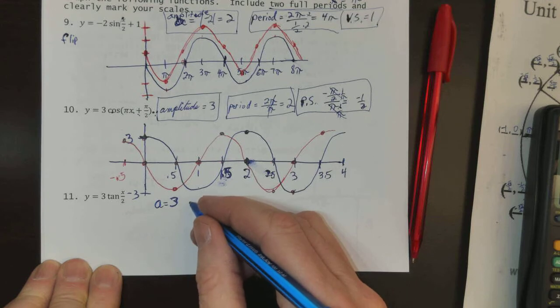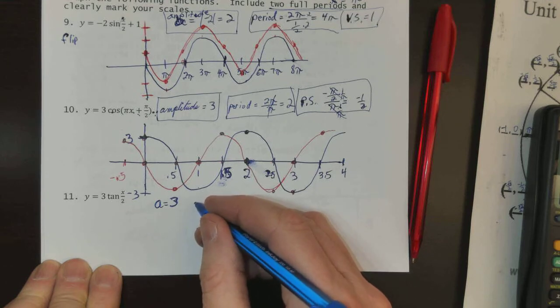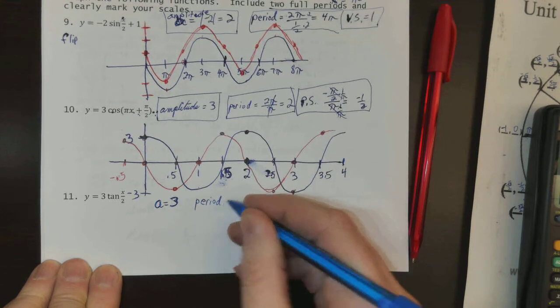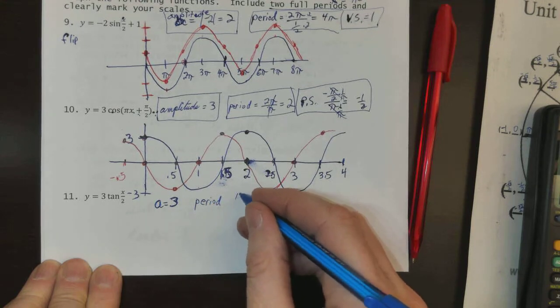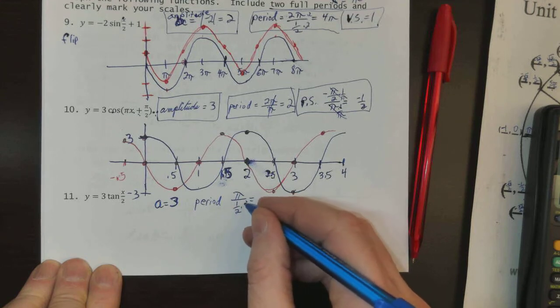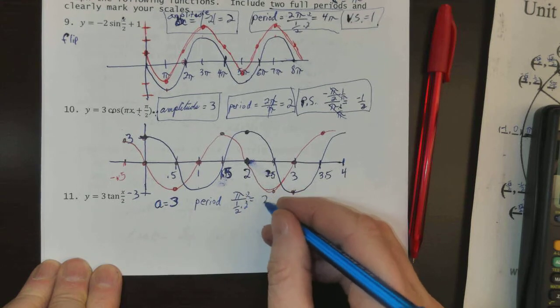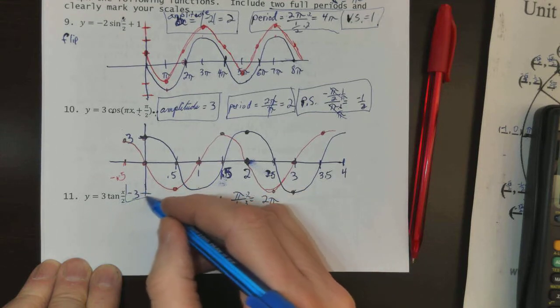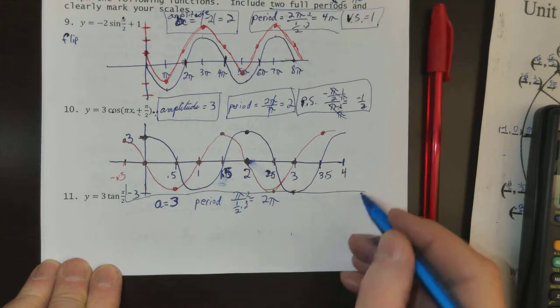I'm going to go to the period. Now the period for tangent is pi. And I'm going to do pi divided by 1/2. Double that here so that we do 2 pi. The period is 2 pi, and there's nothing else to this.